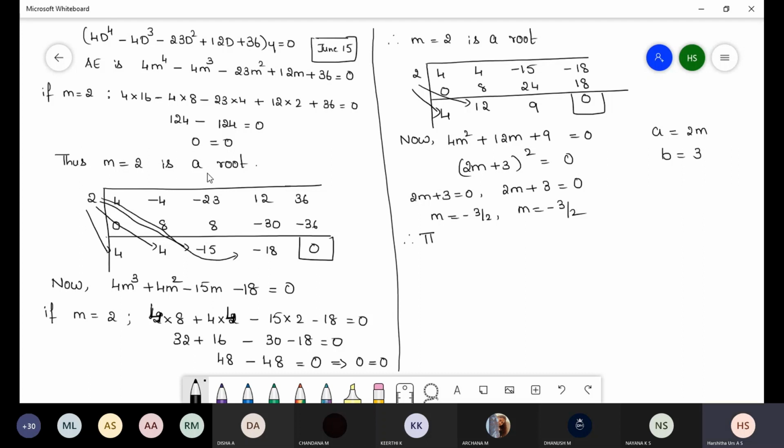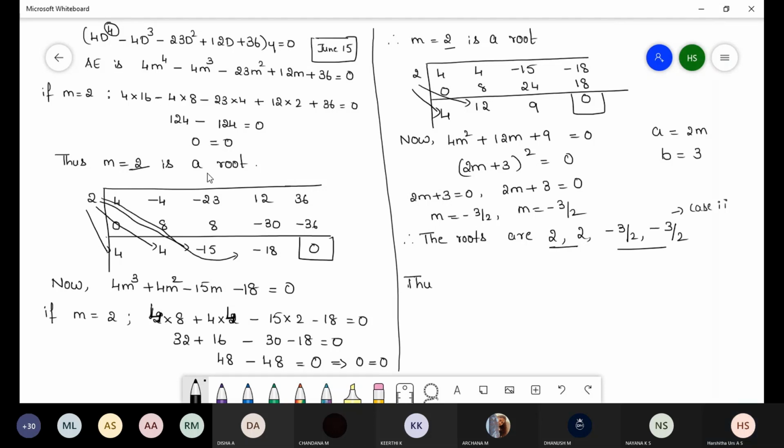Therefore, the roots are, here they have given the degree 4. That many roots we have to get. First root is 2. Second root is 2. Third and fourth, minus 3 by 2, minus 3 by 2. These all belong to case 2 because these two are repeated and these two are repeated.